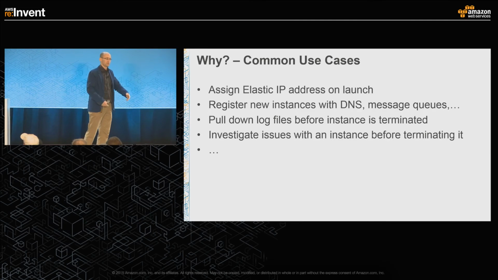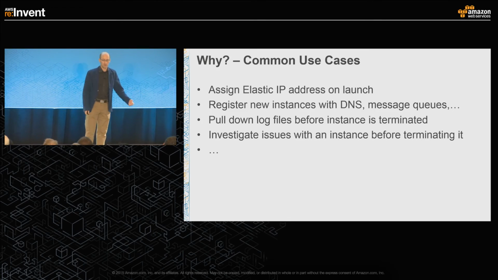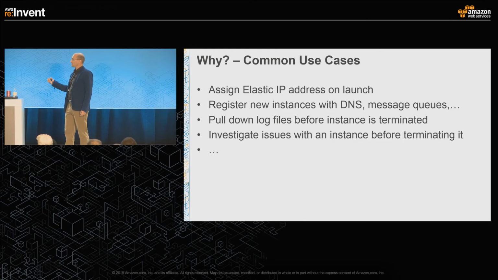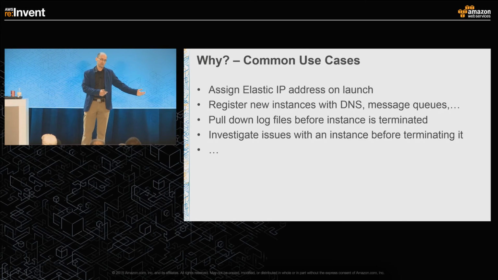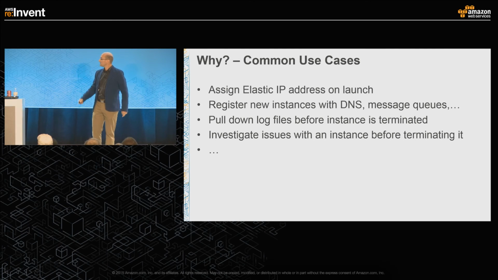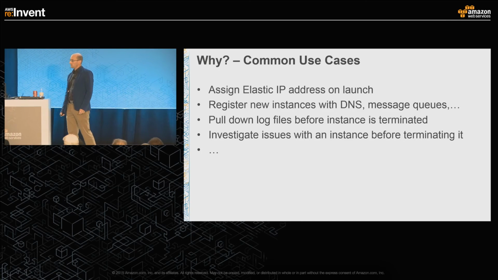Or you want to register your new instances with, say, your own DNS, or subscribe them as workers to a queue, for example. Or probably the most common requirement I've heard is that, oh, we have log files on the instance storage. We want to save them to S3 before the instance is terminated. Very common thing. That's something you can achieve using these lifecycle hooks.